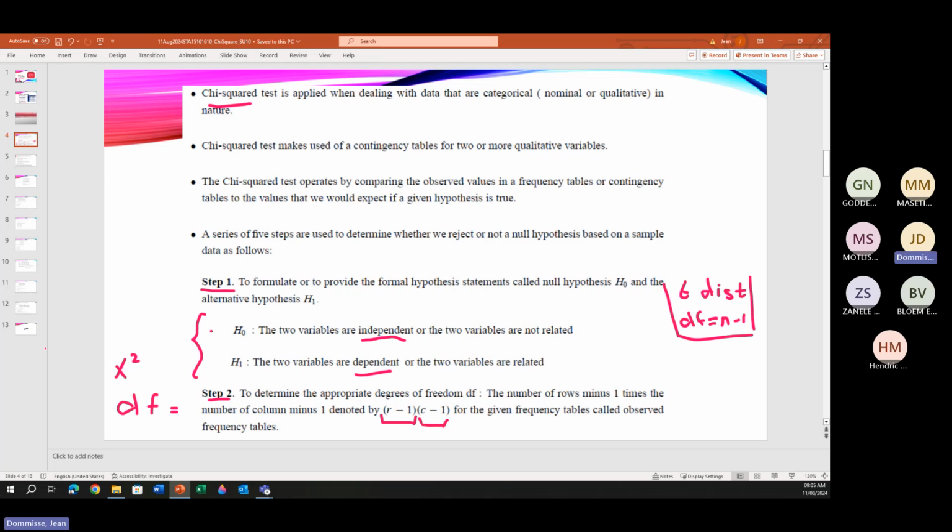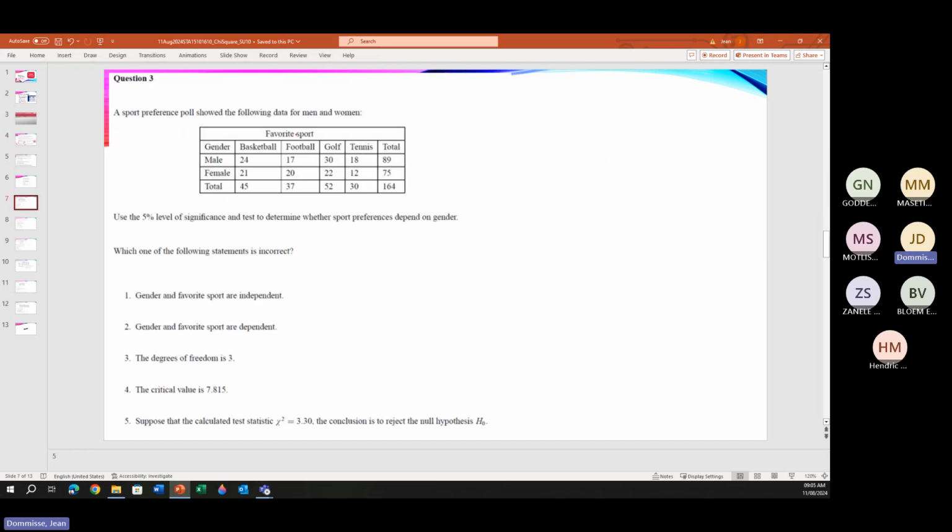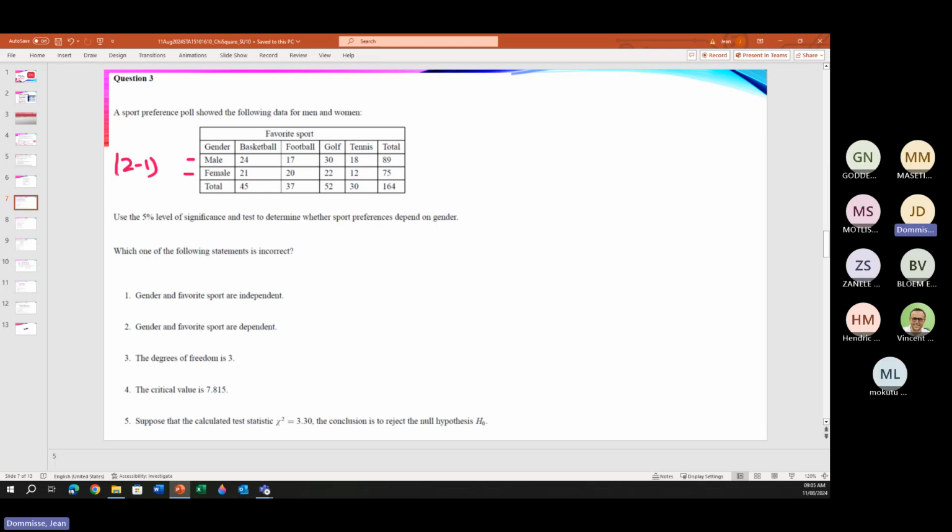Let me quickly, I think here's a table. If you look at this, gender, there's 2 rows, so it will be 2 minus 1. When we look across how many sports, there's 1, 2, 3, 4, so 4 minus 1.